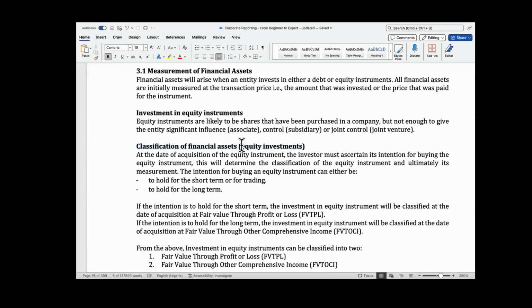The financial asset I'm talking about now is equity investment. When you buy shares, there are different motives or intentions for buying those shares. Buying shares is different from buying PPE or machinery. When you buy machinery, you don't need to explain to anybody why you bought it.